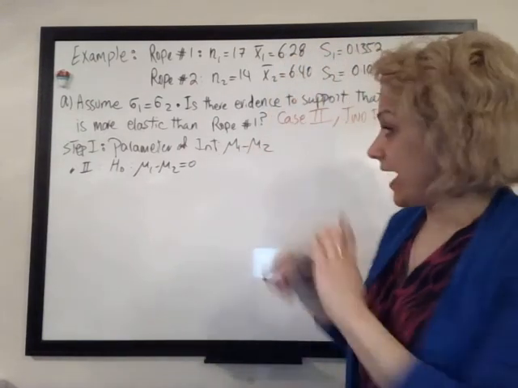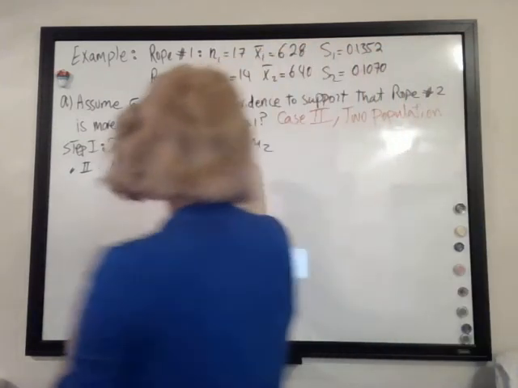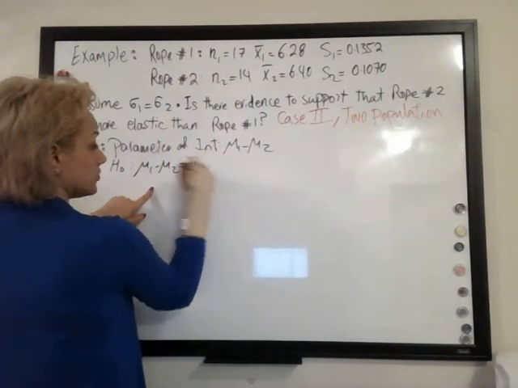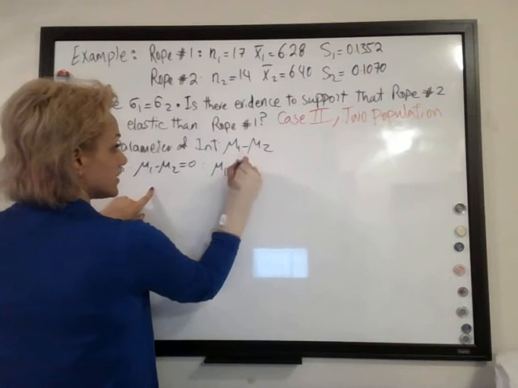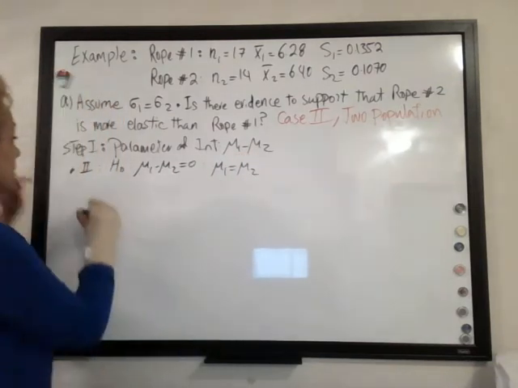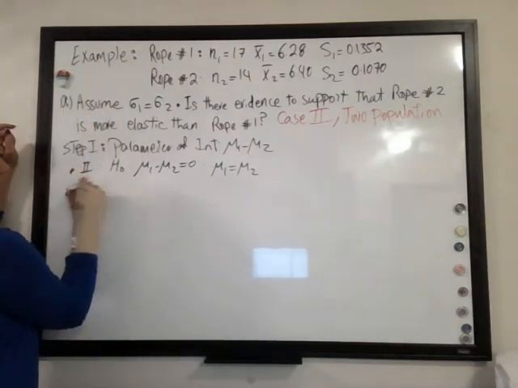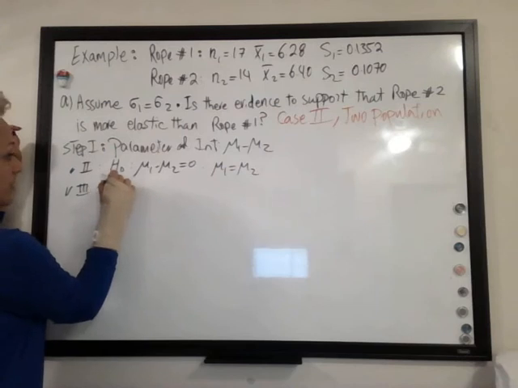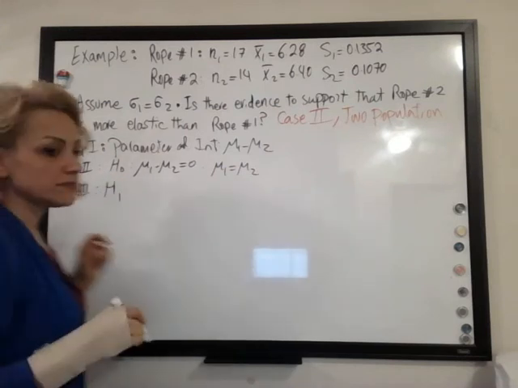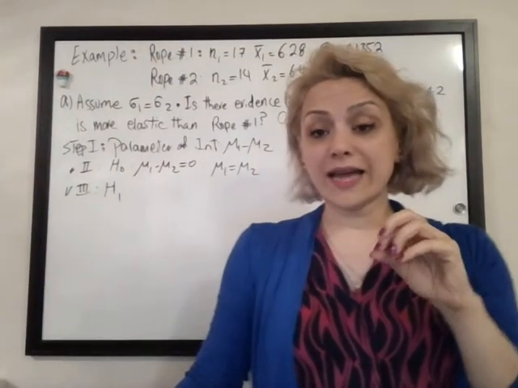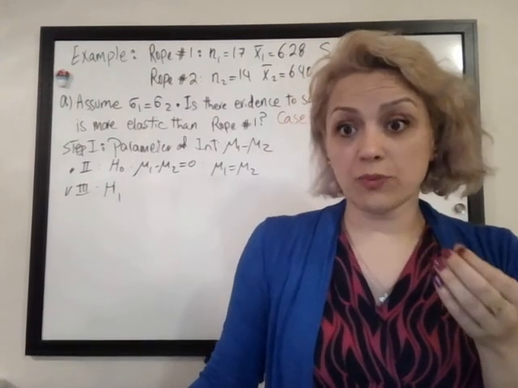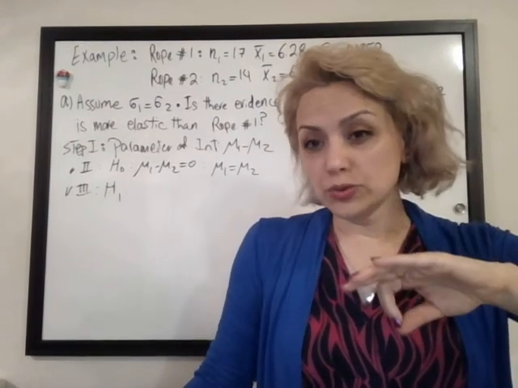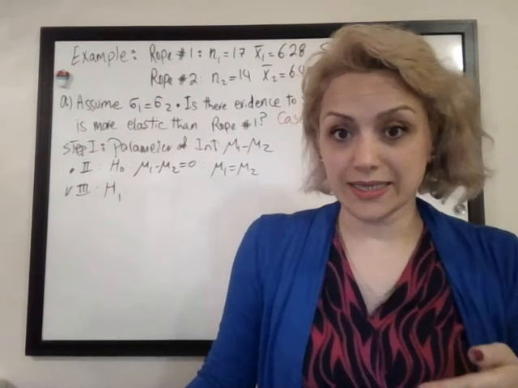for the null hypothesis, another way to write it down is mu1 is equal to mu2. So I'm going to write down step number 3 here, for the alternative hypothesis. We want to see if we can support that rope number 2 is more elastic than rope number 1.